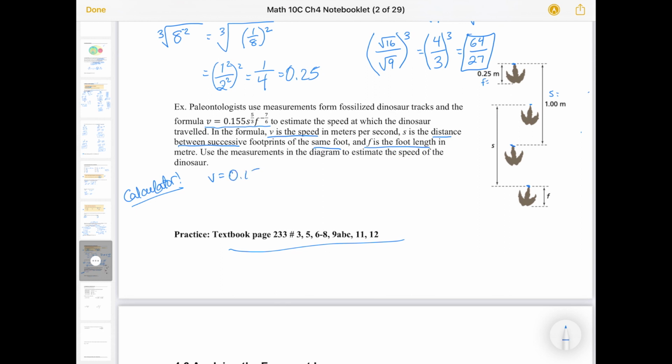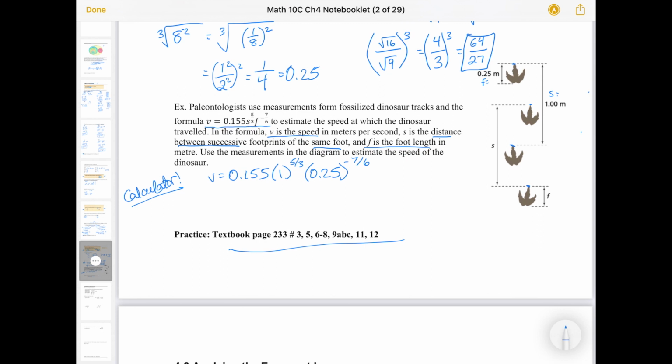So 0.155. S, I substitute in 1 to the 5 over 3. F, 0.25 to the negative 7 over 6. Don't worry about trying to do this in your head. Use your calculator, and we are going to get 0.155.